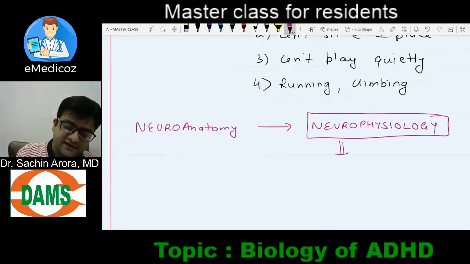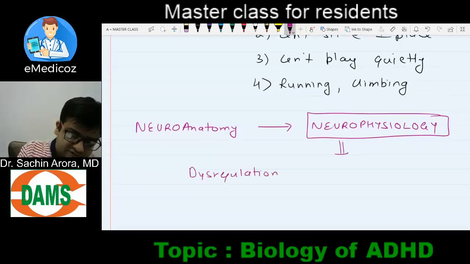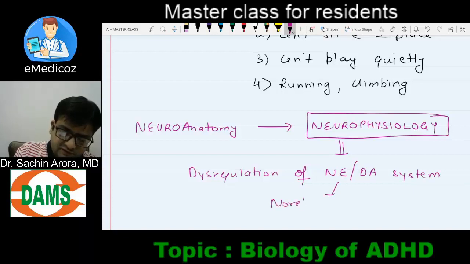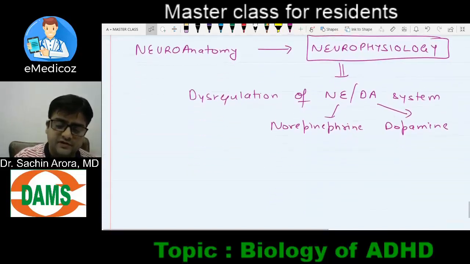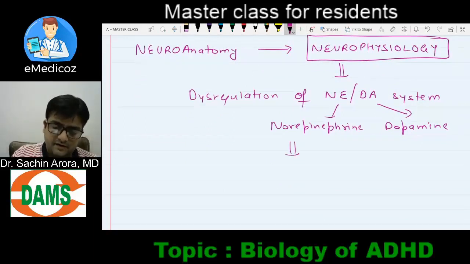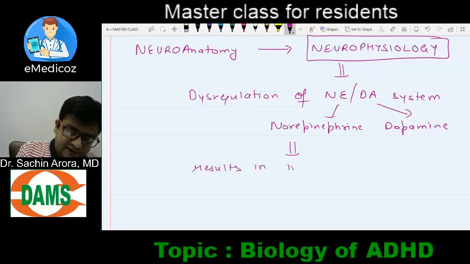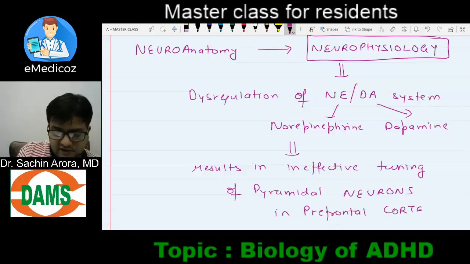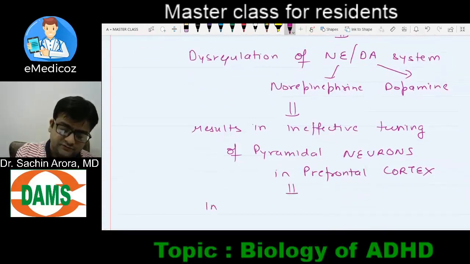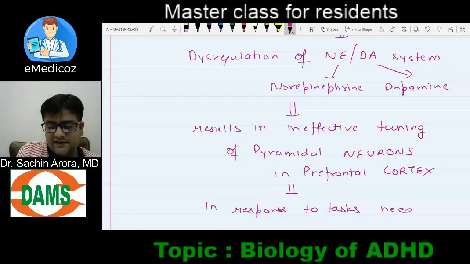Neurophysiology of ADHD says that there is dysregulation of the norepinephrine and dopaminergic system, the neurotransmitters involved, which results in ineffective tuning of pyramidal neurons in the prefrontal cortex in response to tasks needing attention.